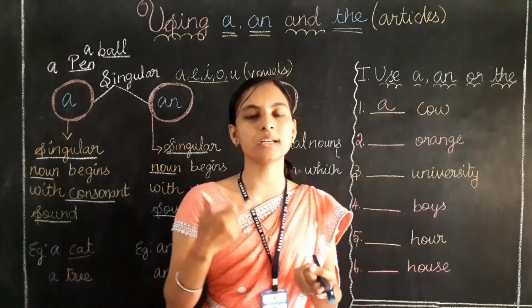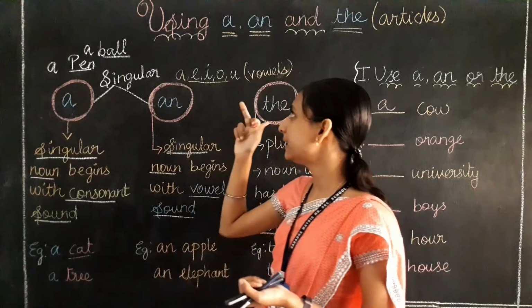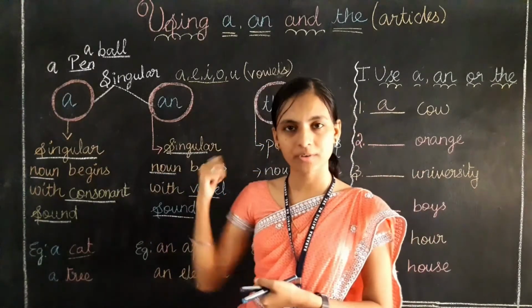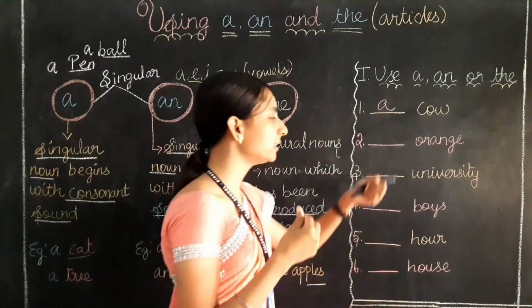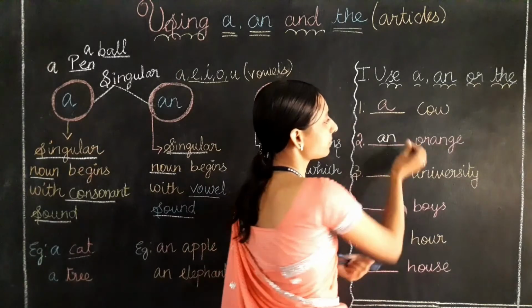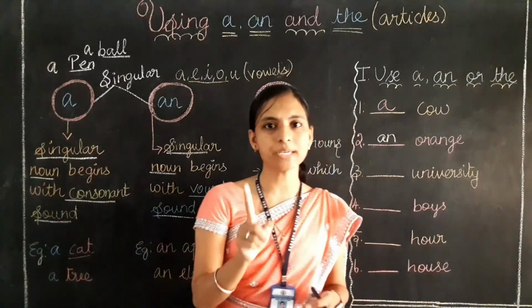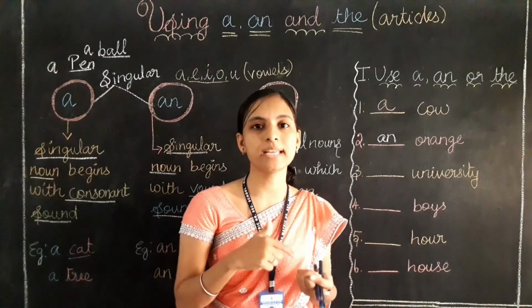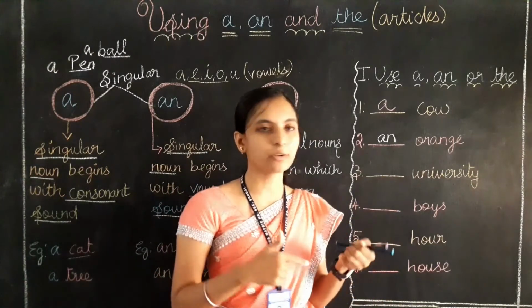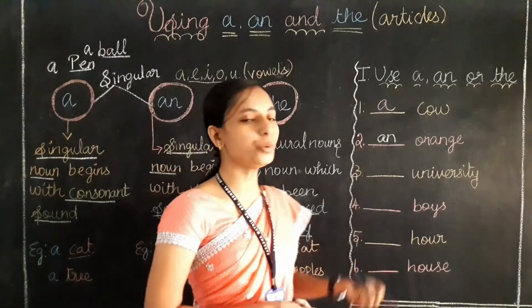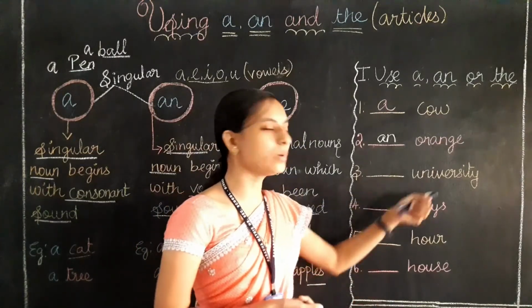Orange begins with a vowel sound, so there I need to use article an. Also this orange refers to a singular noun. So here orange is a singular noun as well as beginning with a vowel sound, so I have used article an.